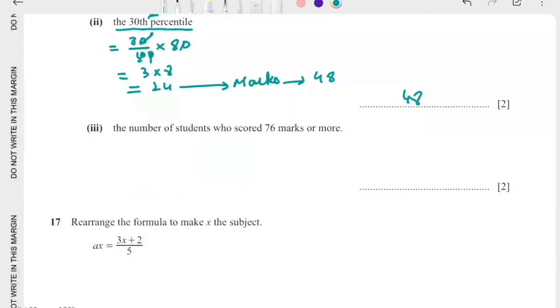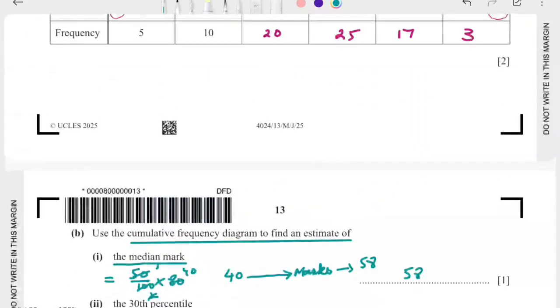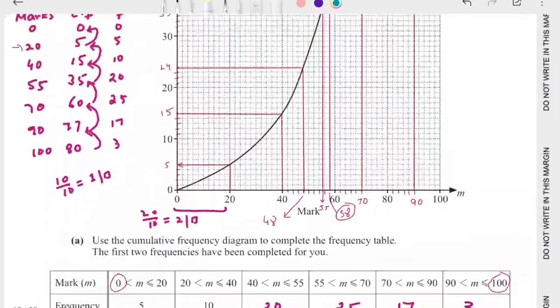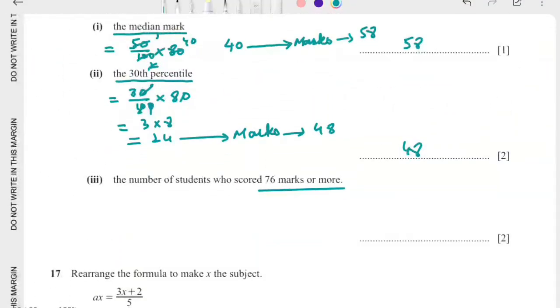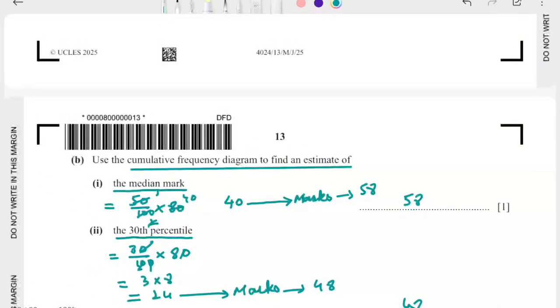Now last part, the number of students who scored more than 76 marks. Now from the curve we have to find out the number of students who scored more than 70 marks. So let me check again. It's 76, not 70.